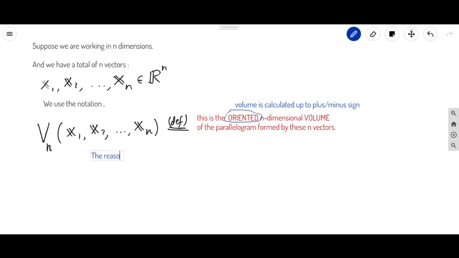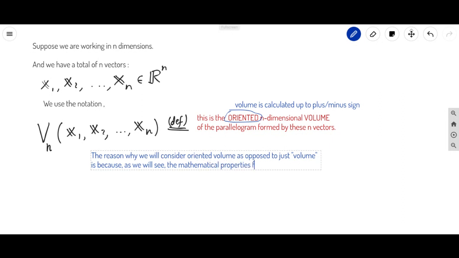The reason why we will consider oriented volume as opposed to volume is because, as we will see, the mathematical properties for oriented volume are nicer to state.